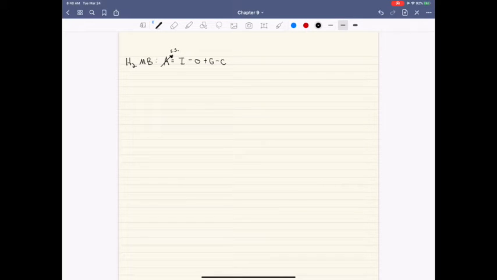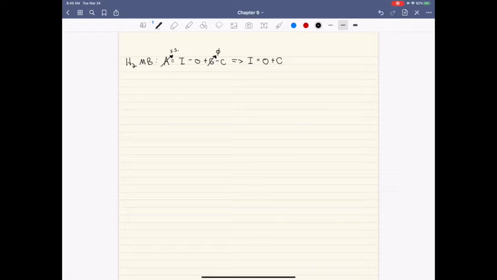We know that nothing is generating hydrogen in this reaction, so the generation term is going to be equal to 0. But we do know that hydrogen is being consumed in the system. It does participate in the reaction. So we do know that there is a consumption term. And so if we take all the non-zero terms and rearrange them, what we get is that the input is equal to the output plus the consumption.